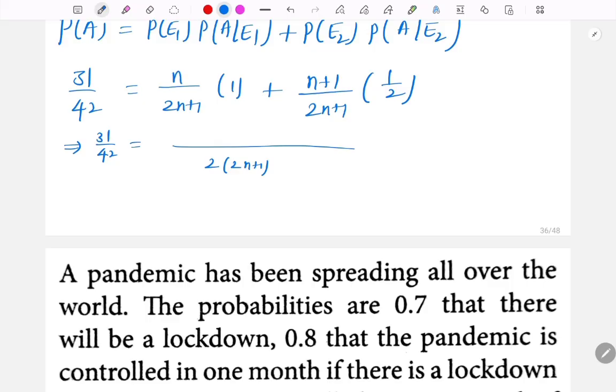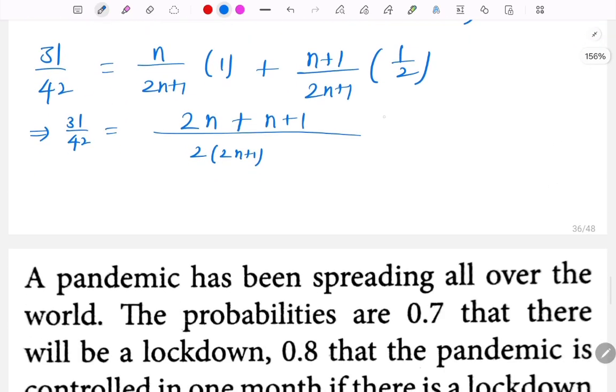Now write that one. If you divide these two, this part will be cancelled. Still 2 is there, so 2 into n, so 2n will come in the numerator plus. If you divide this part by this part, both will be cancelled, then only the numerator will come. This numerator is nothing but n plus 1. Then equating, 3n plus 1 by 2 times 2n plus 1.